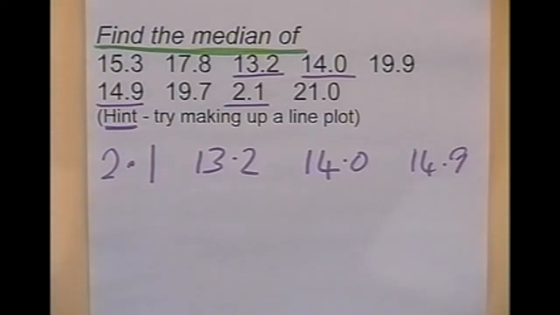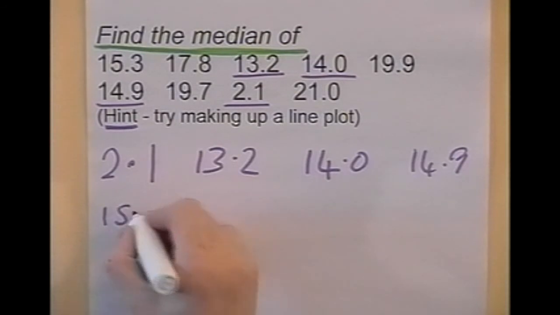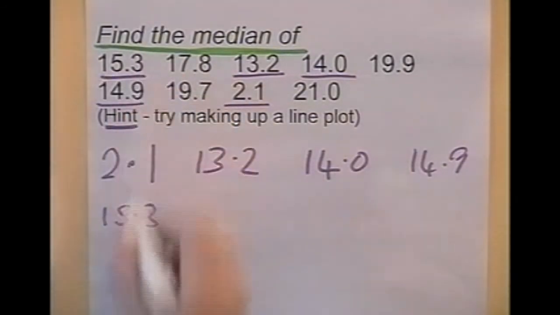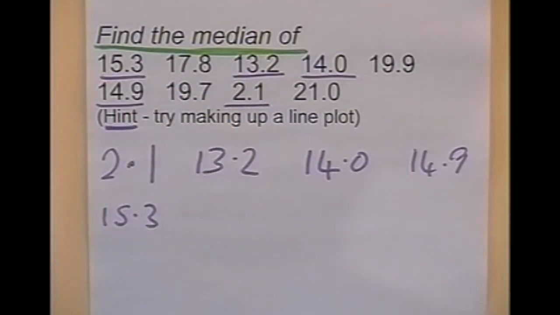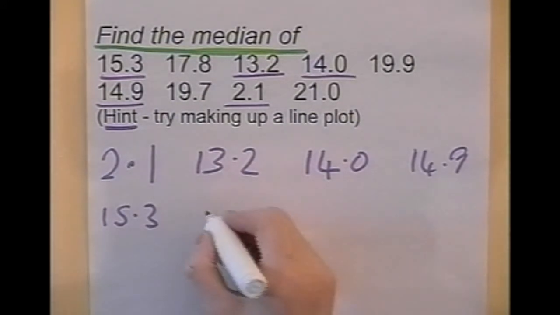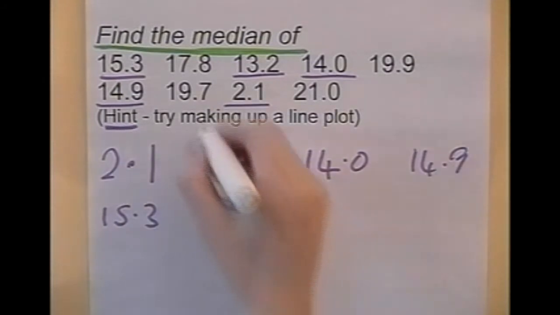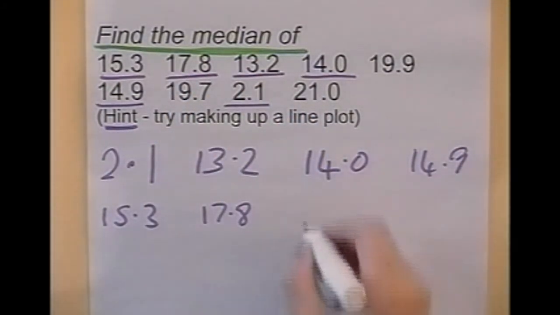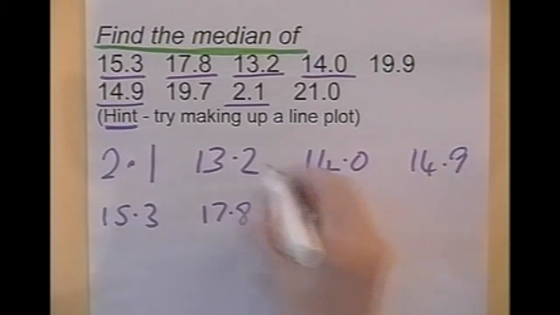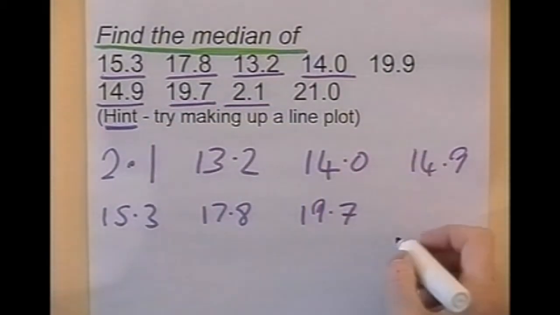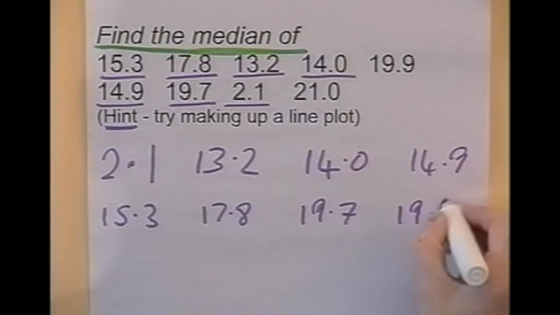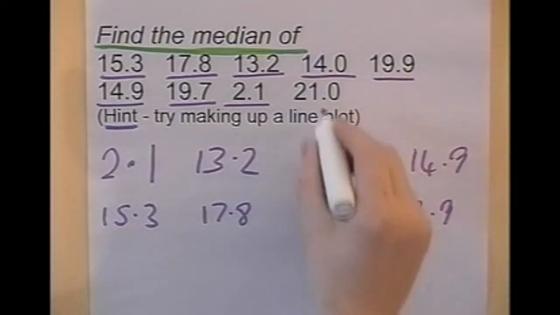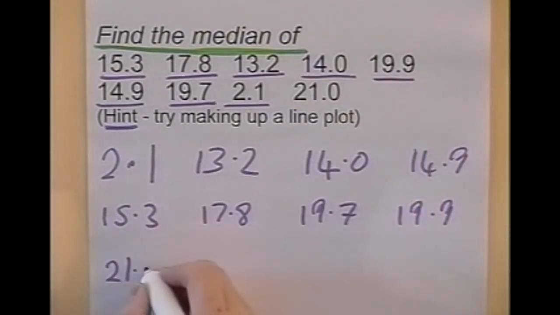The next lowest after that is 15.3. After that it's 17.8. After that it's 19.7. Then 19.9. And then the highest figure there is 21.